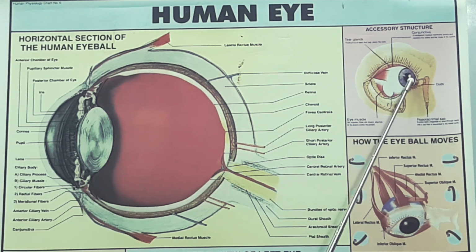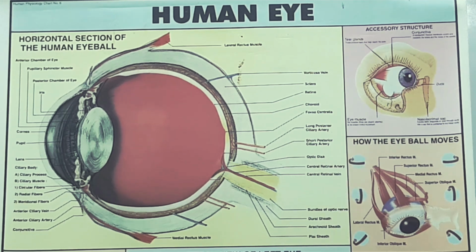First, the iris, the outer portion which is light dark, and the middle portion which is dark in color. Actually it is transparent, but it appears as dark black.